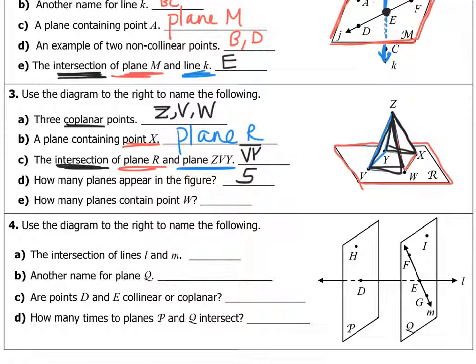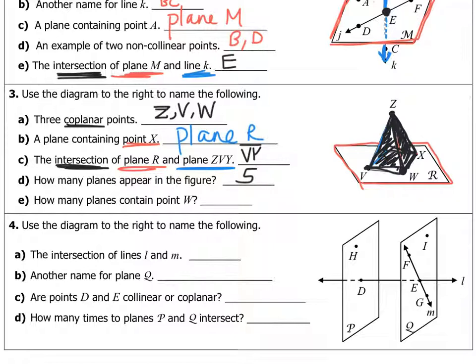Last one, for number 3, how many planes contain point W? So point W is located right over here. So point W is on plane R. Point W is on plane WXZ. So this is another plane that contains point W. And point W is also on plane ZVW.